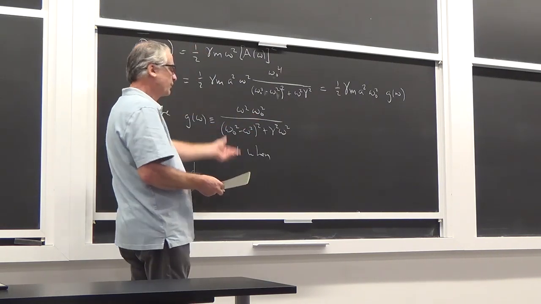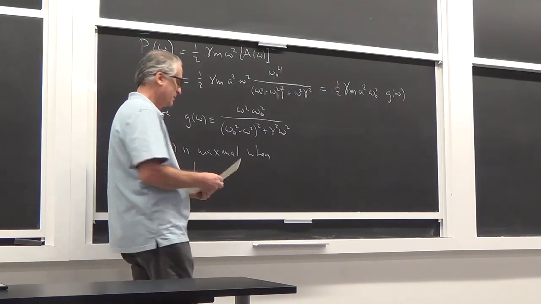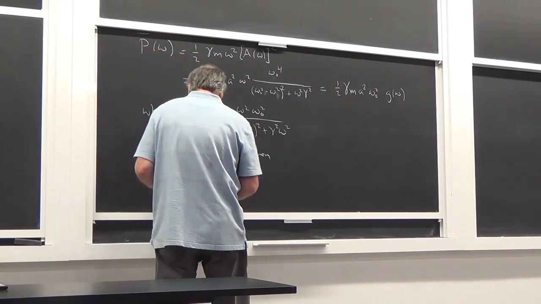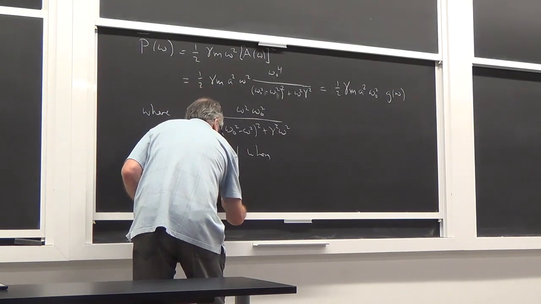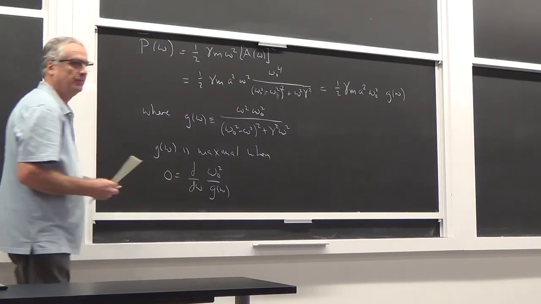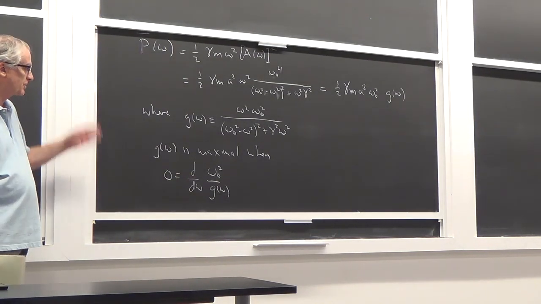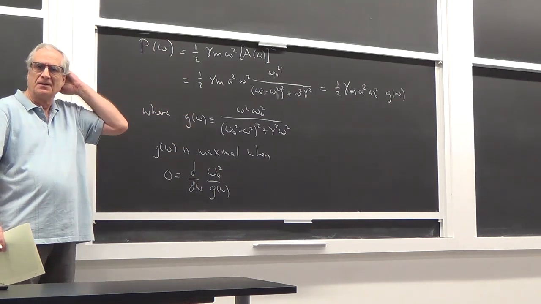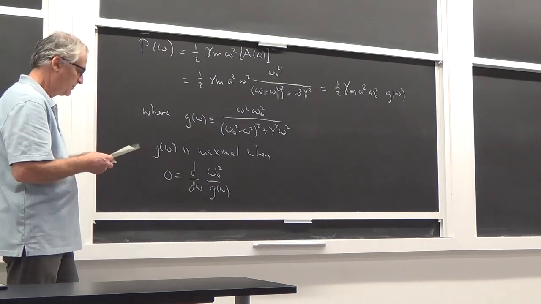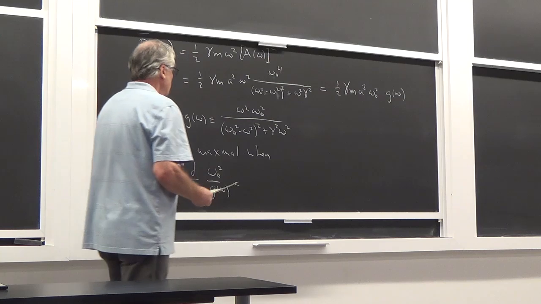And I'll take 1 over it, which will be easier to find the derivative equal to 0. I mean, this is just technical, trying to make my life easier. You could just go ahead and take the derivative of this percent equal to 0, and that's fine. I'm just trying to save myself some effort.